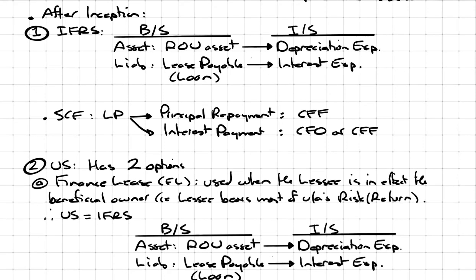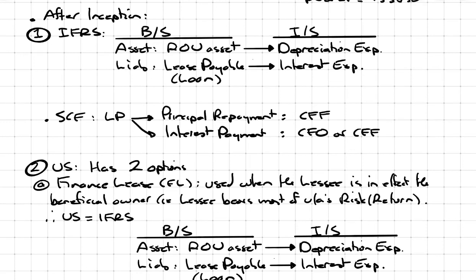Now, the third financial statement is a statement of cash flow, and the lease payment is viewed as follows. The principal repayment is regarded as a financing item, and the interest payment, according to IFRS, may either be treated as operating cash flow or financing cash flow.